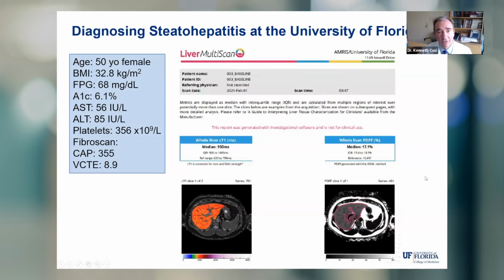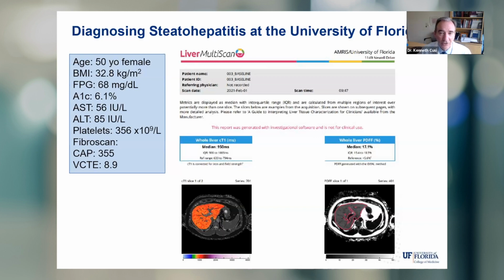The other thing that we're doing a lot for research is the liver multi-scan. And again, what it does, it takes the liver fat and, developing an algorithm that has been validated with biopsies, comes with a number that tells you about liver inflammation. Again, a value above 825 is probably you have NASH, and above 875, you will likely have F2.